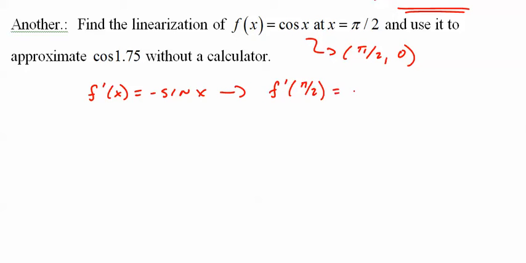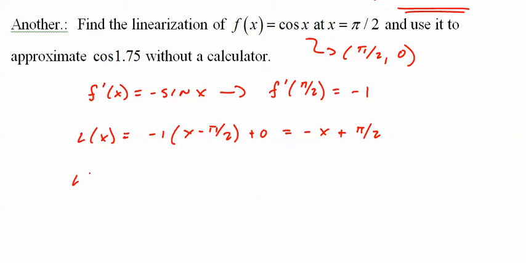Of course, it equals negative 1. I feel like that's wrong. No, that's right. And then we linearize it. Negative 1 times (x minus pi over 2) plus 0 equals negative x plus pi over 2.